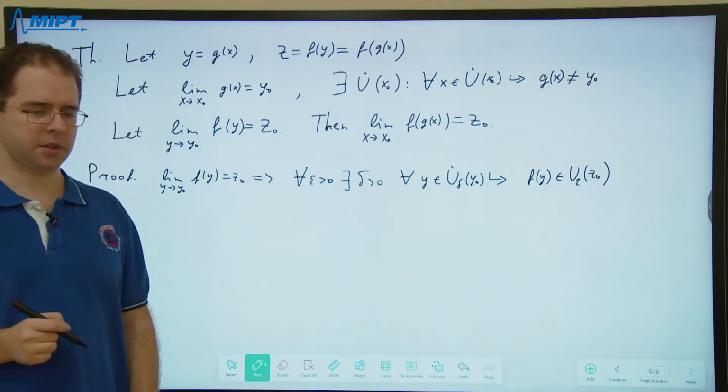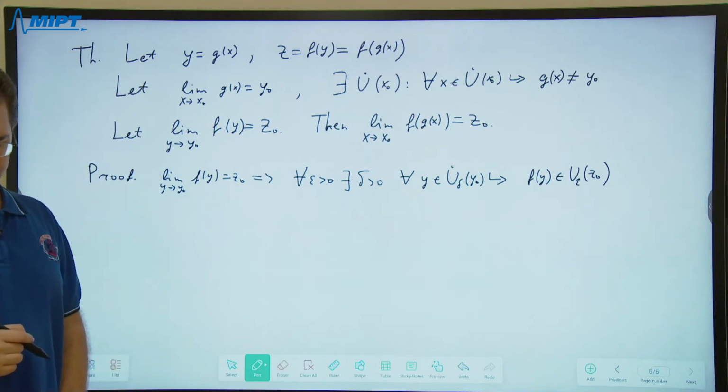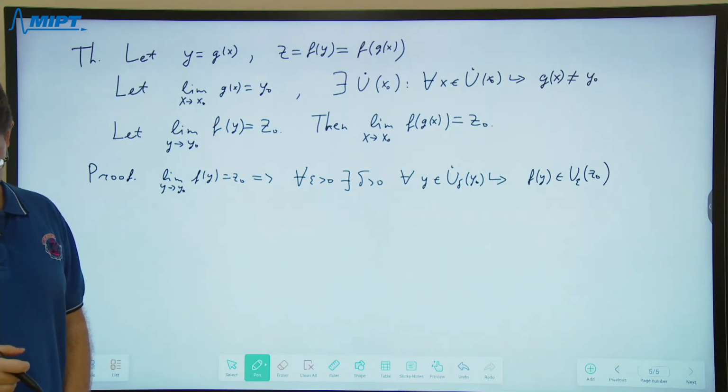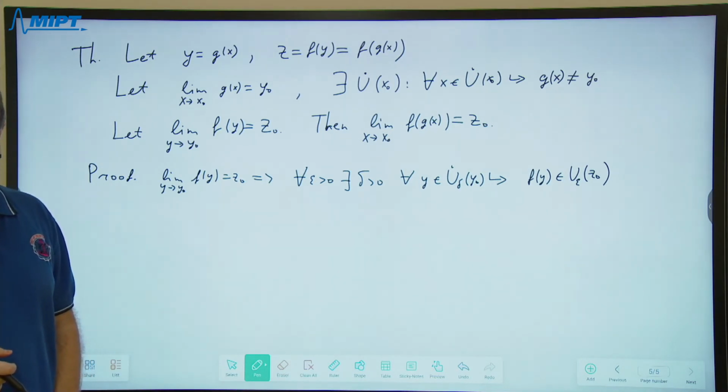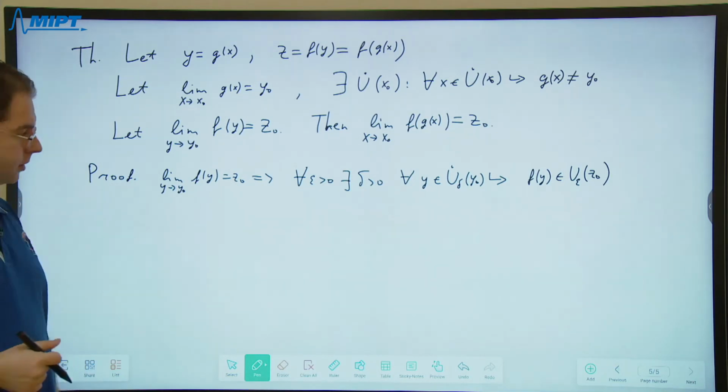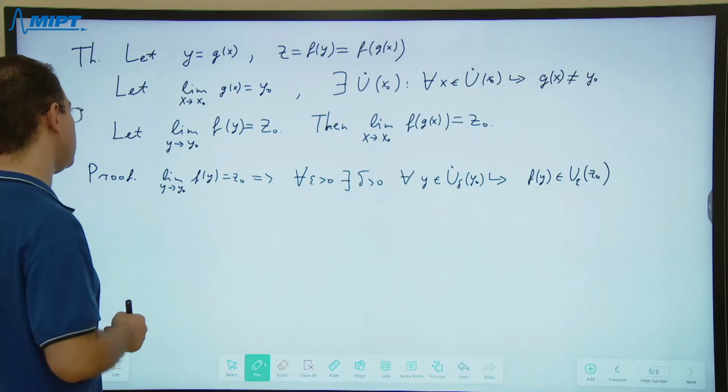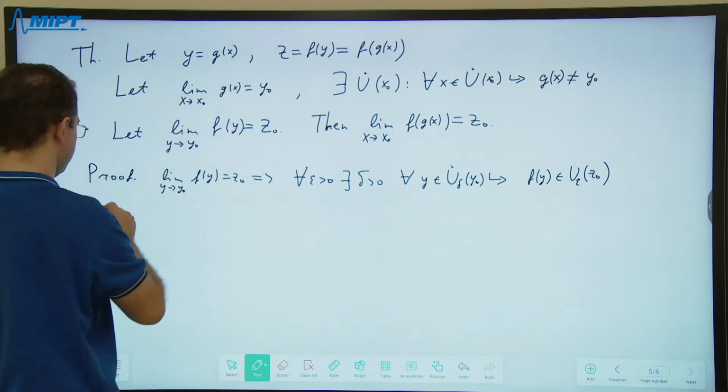This is just the definition. Now let's write down this definition.